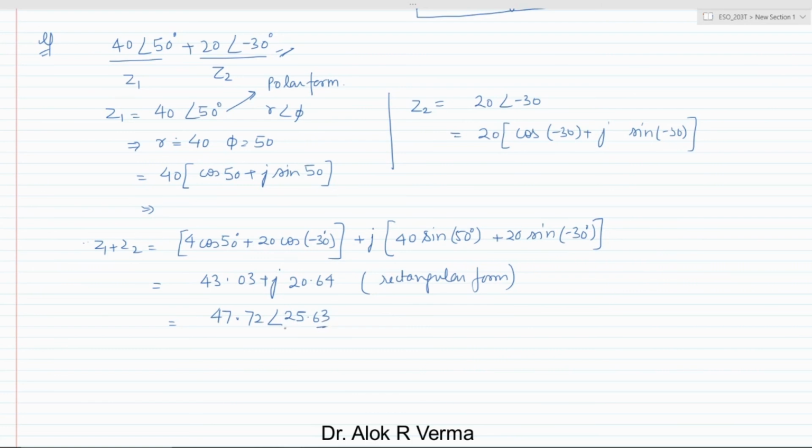Suppose you want to represent this: this is the real axis, this is the imaginary axis, this is Z, which is nothing but Z1 plus Z2, and the mod of Z is 47.72, the length of this Z, and this angle is 25.63. So this is how you represent the phasors.